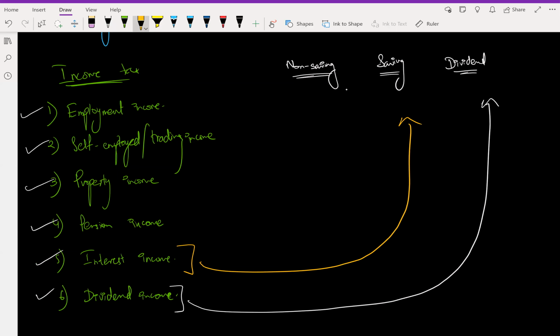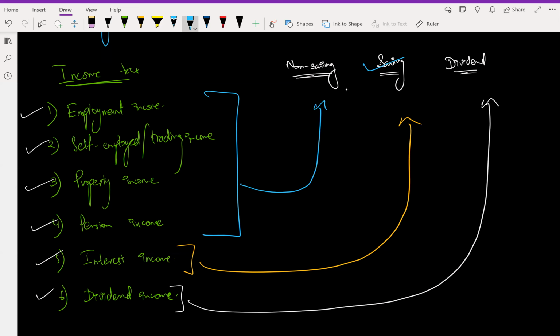Anything that does not fall in savings or dividend falls where? In the non-savings category. So the point is, first you identify savings and dividend. Let's say you're earning three types of incomes, and you want to categorize them. You first identify, do I have any savings income?